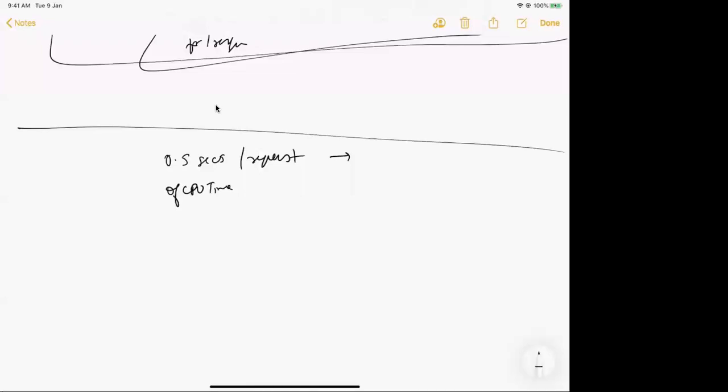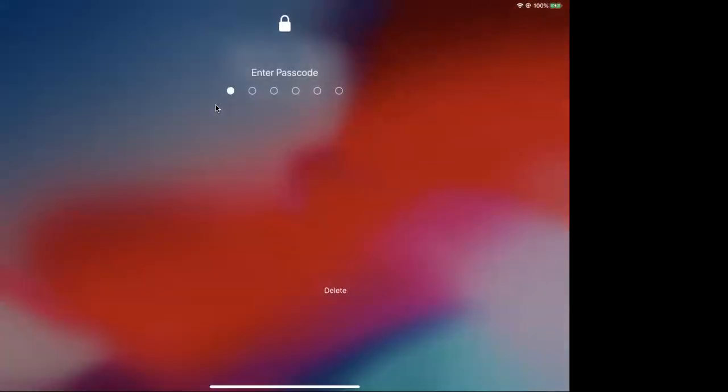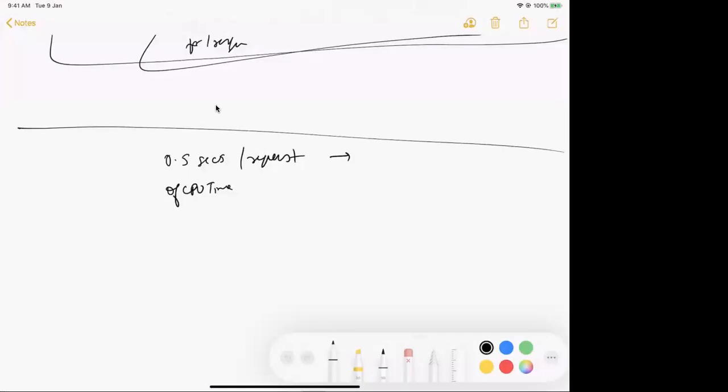Cool. So everybody, please pay attention here. What we were discussing. Right. So I was saying that if a particular system takes 0.5 seconds of CPU time per request, and you want to figure out the QPS that you can have from one box, what is QPS? How many queries can you run per second?